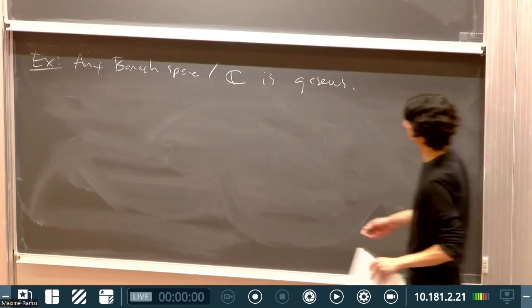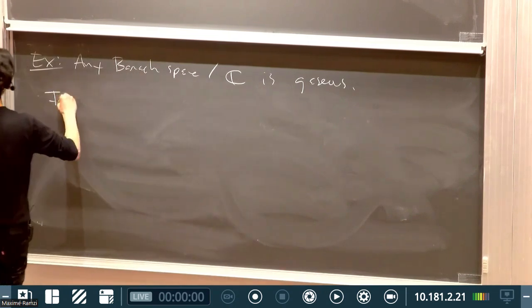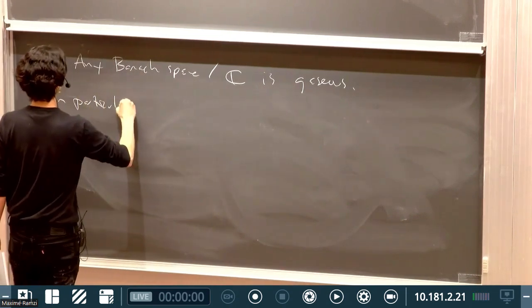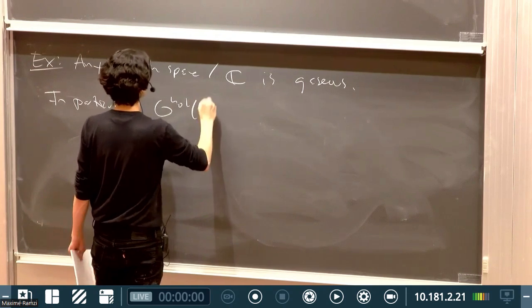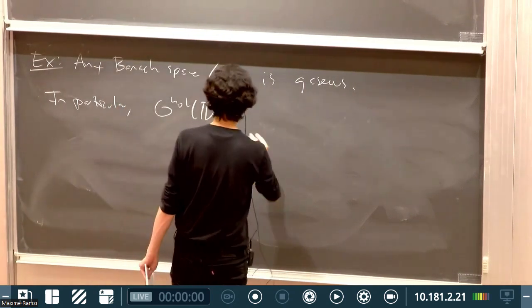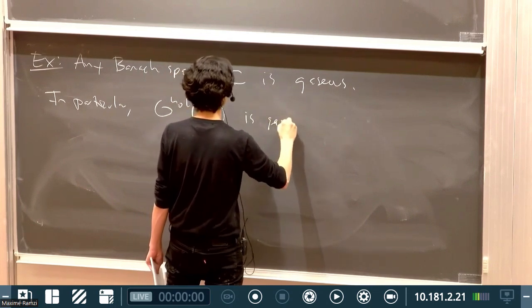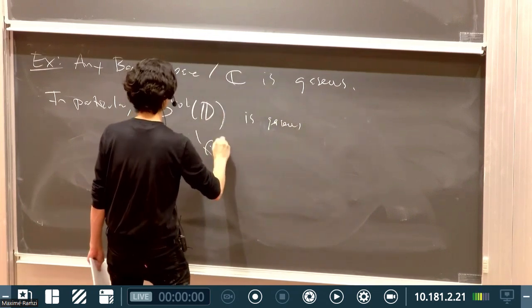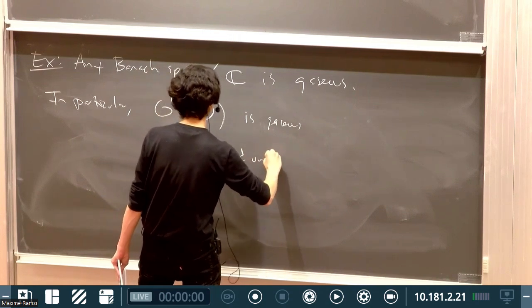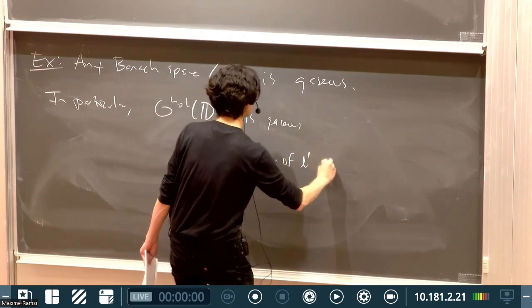So for example, in particular, this O of D, which is naturally a filtered colimit of Banach spaces, a filtered union of Banach spaces, is gaseous. This is a filtered union, for example, of L1 spaces.